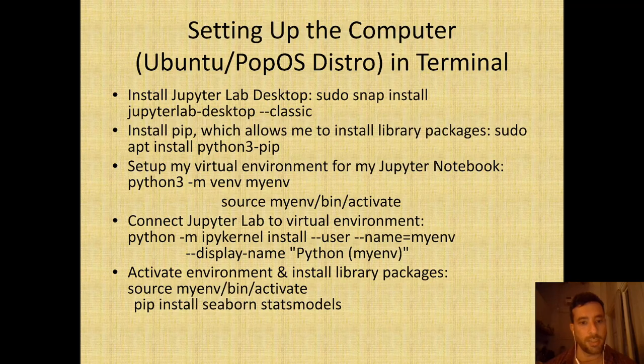And then I connected the Jupyter Lab to the virtual environment through that command. And next I installed the library packages, which were Seaborn, stats models, and a couple others actually that I should have placed there.